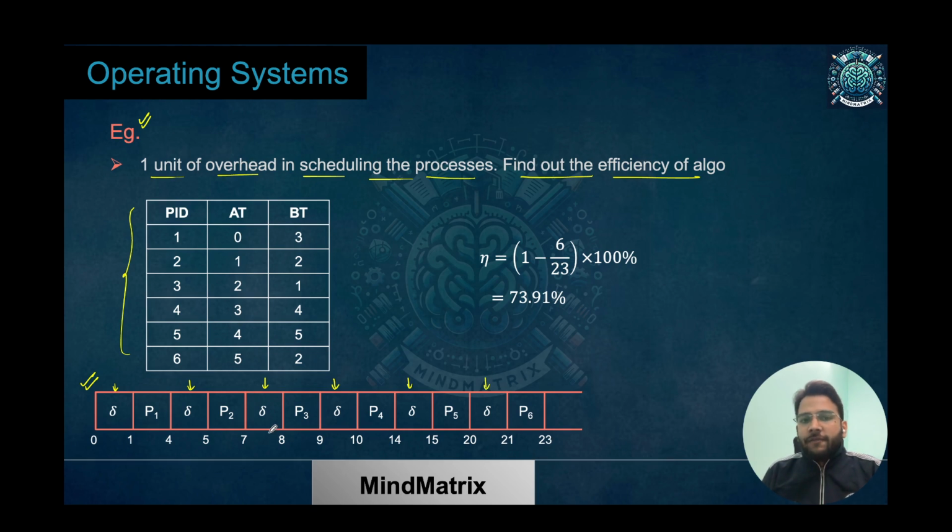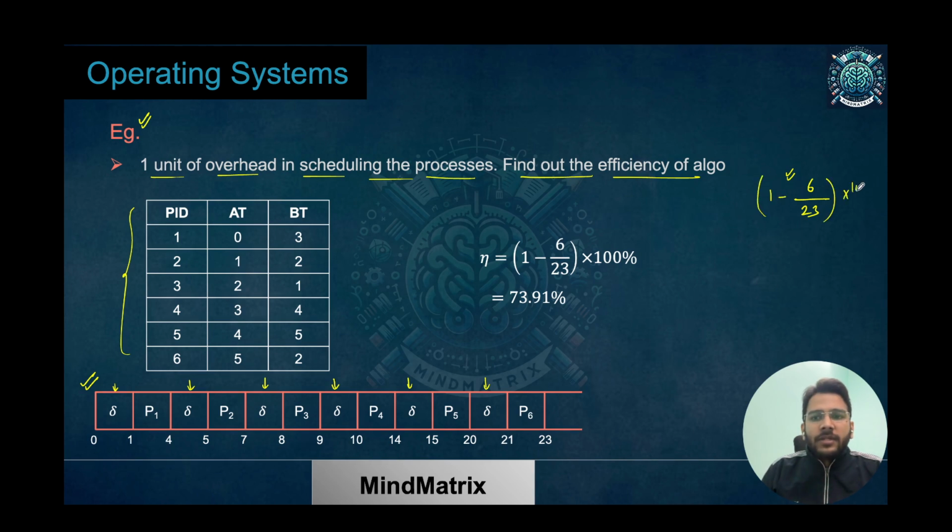So we need to find the efficiency. If you see, for the entire 23 units of time, out of that for 6 units of time there was overhead, or we can say the CPU was not performing any useful task, right? It was idle at that time. So out of 23, for 6 units of time the CPU remained idle, but we need to find the efficiency. So definitely it is going to be 1 minus of it.